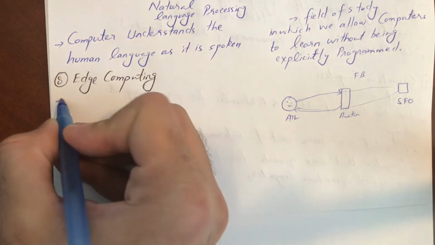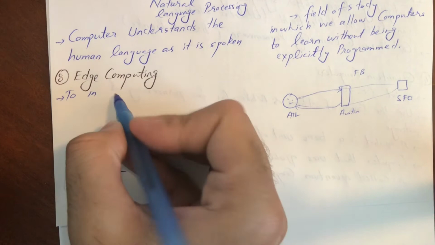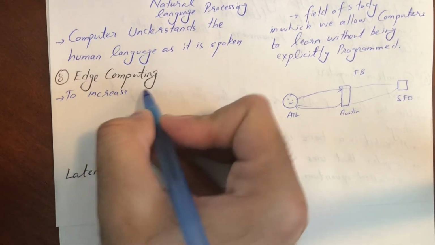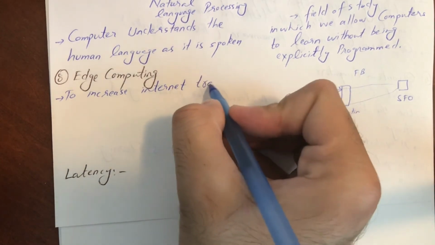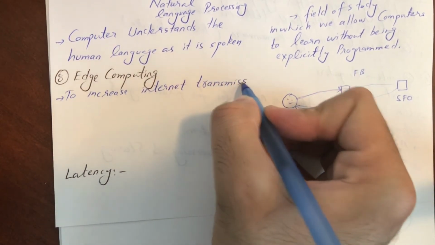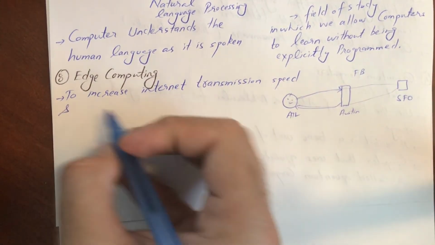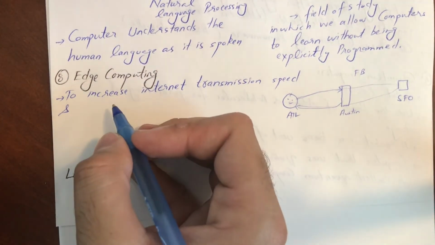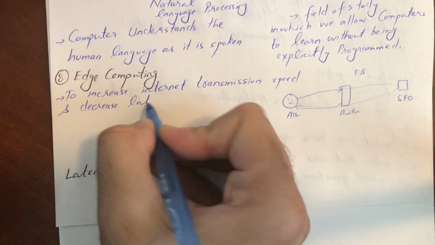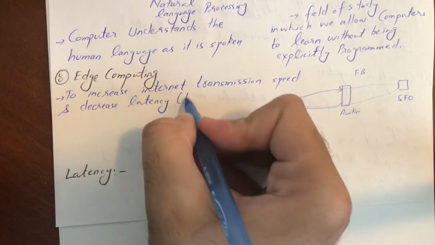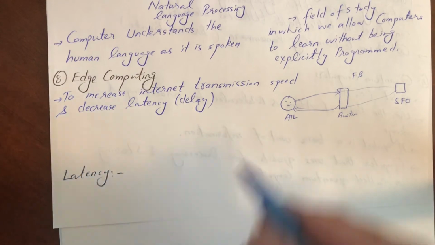So edge computing is where we increase internet transmission speed and decrease latency, which is basically delay. I'll explain it in a while.